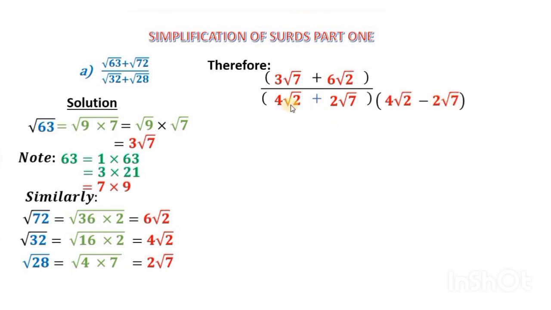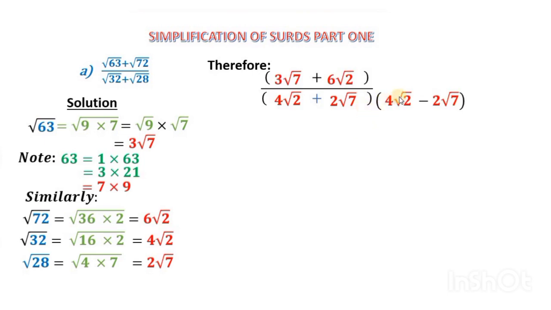You'll notice that in the first bracket we have 4 root 2 and 2 root 7, just the same way we have in the second bracket 4 root 2 and 2 root 7. The only difference is in the first bracket we are adding, and in the second bracket we are subtracting. So this forms the conjugate of 4 root 2 plus 2 root 7.